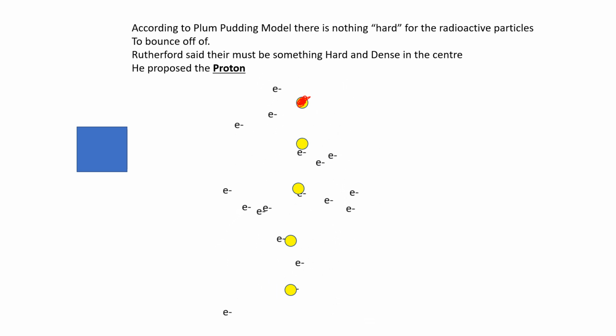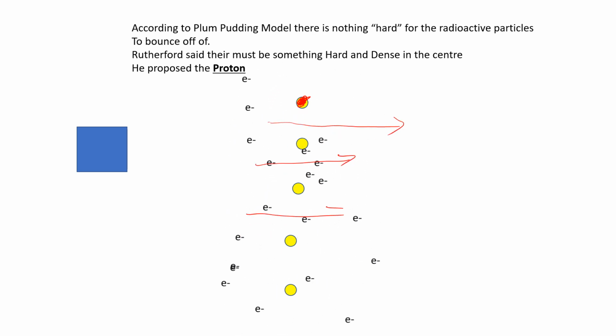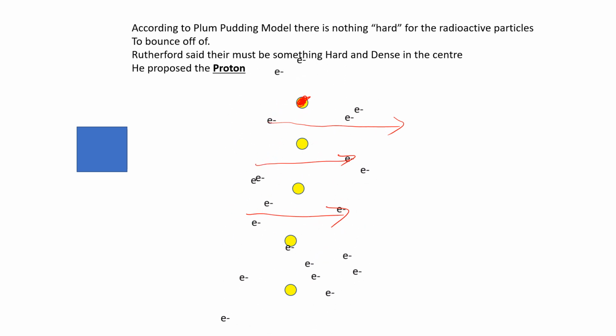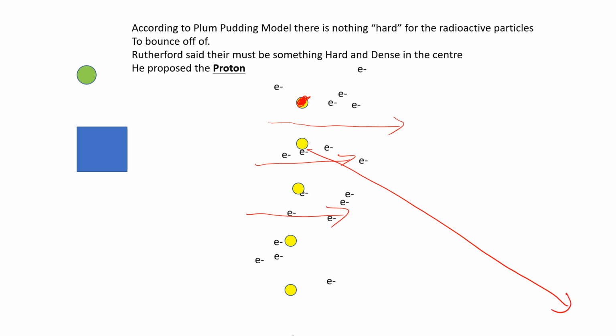And so there's all this empty space right through here and right through here and right through here for alpha particles to go through. Just like these, okay? So much empty space for the alpha particles to go through. But occasionally, an alpha particle will hit it and get deflected and go down here.